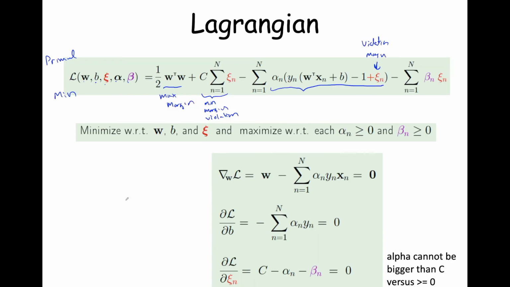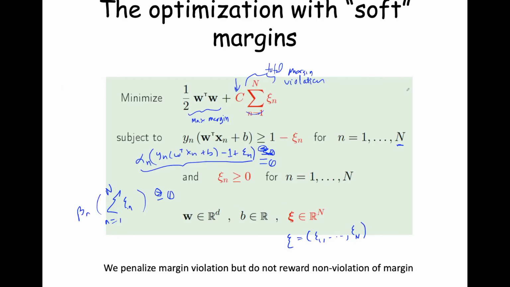So if we add that second Lagrange variable, and the purpose of the second Lagrange variable is to absorb that equals part of that greater than equals to 0 for the psi n's constraint. We include that with a negation because we want this expression to be as small as possible.